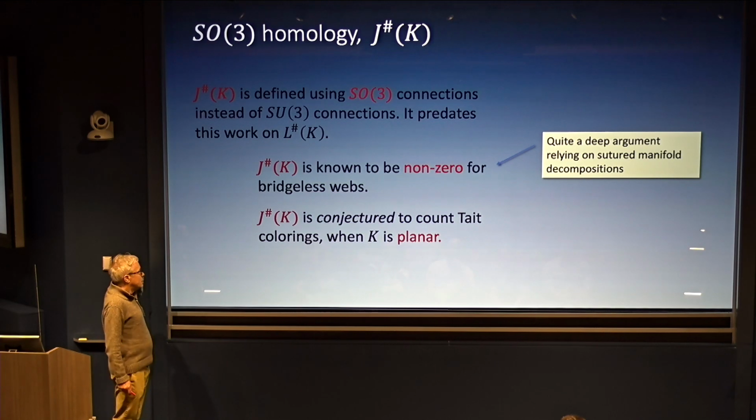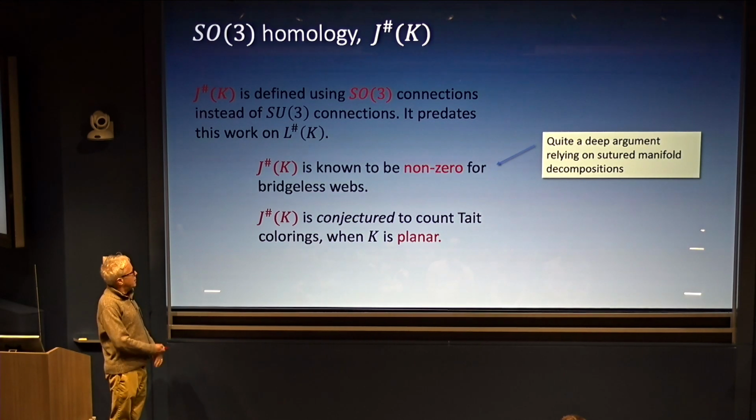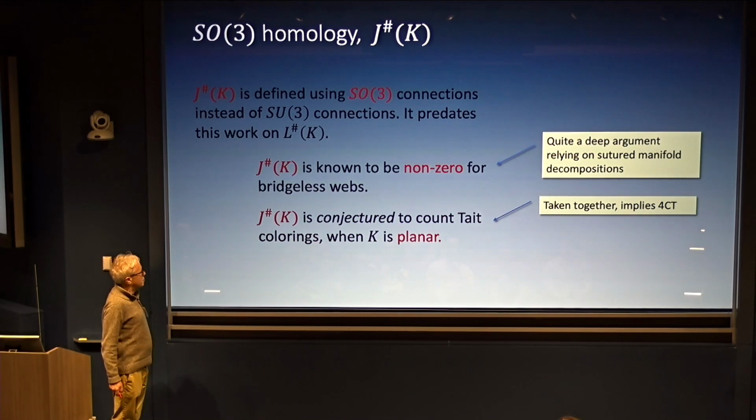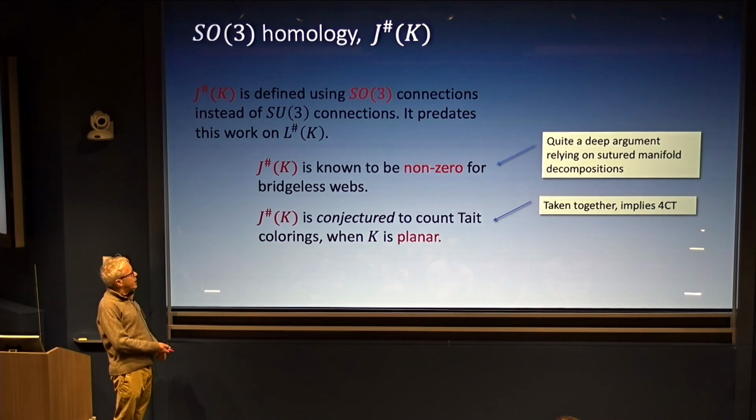It was conjectured to count the Tait colorings. That conjecture is still open when K is a planar graph. The point being that if you take these things together, it implies the four-color theorem, because the four-color theorem is equivalent to saying that bridgeless planar trivalent graphs admit a non-zero number of Tait colorings.